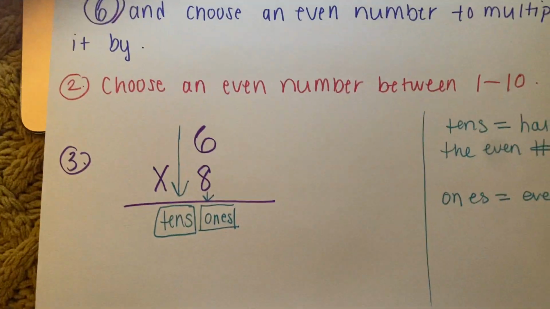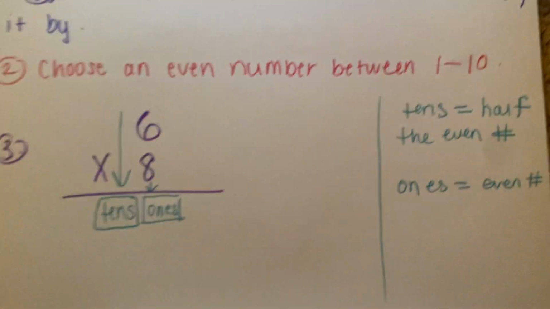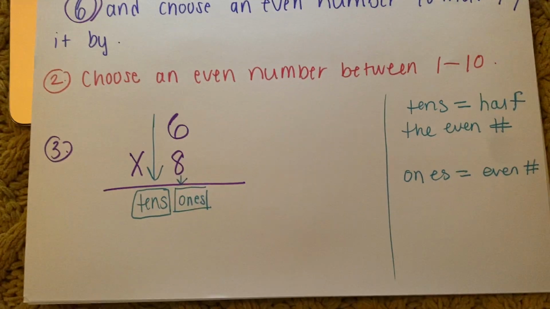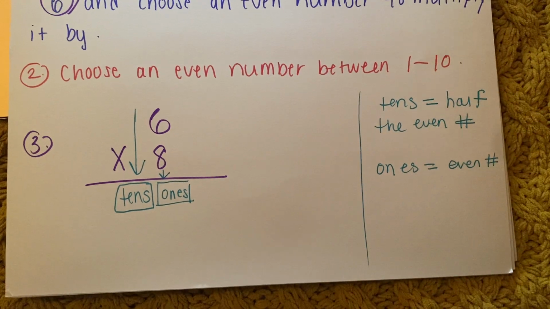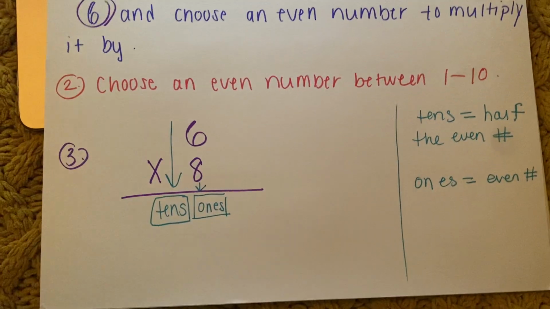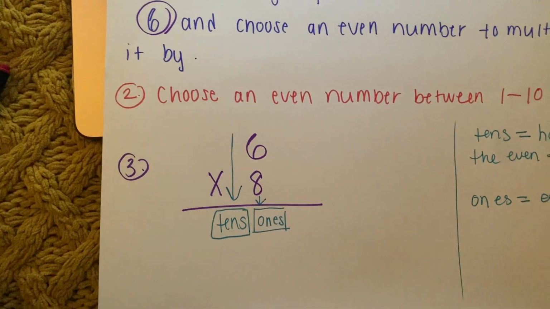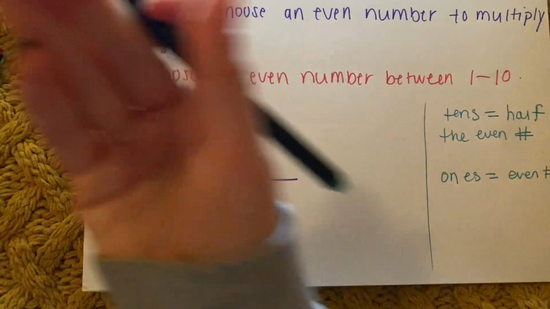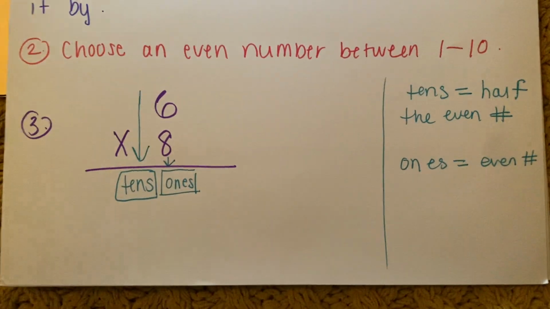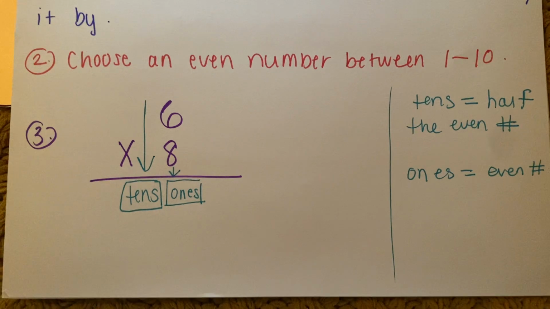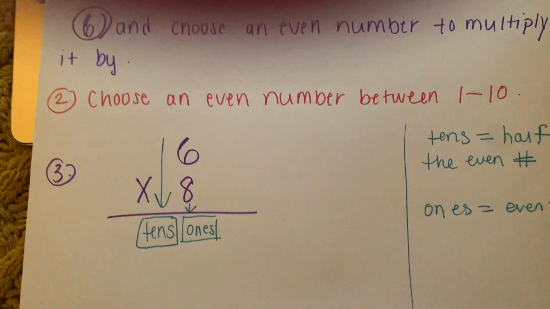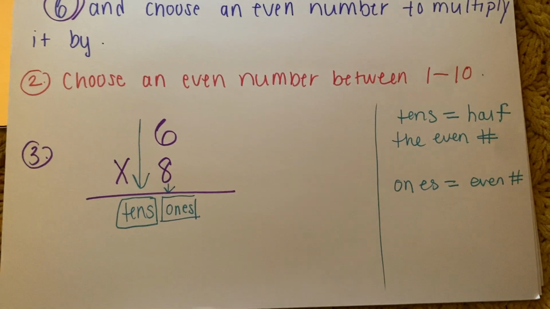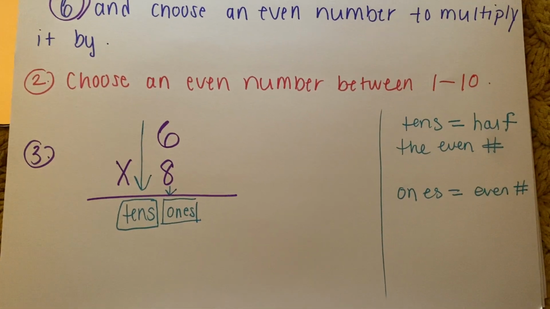Okay, so now that we have figured out where the tens and ones place is, here comes the math part. I'm also going to use a different color so that this all stands out to them. The first part of the algorithm says that the tens digit is half of the even number.